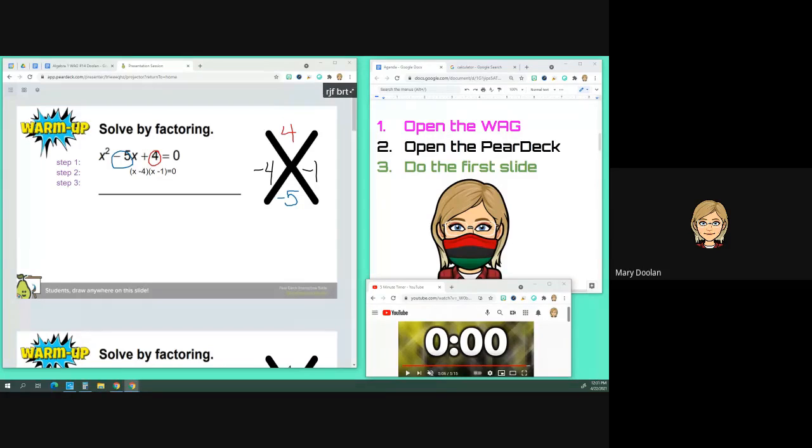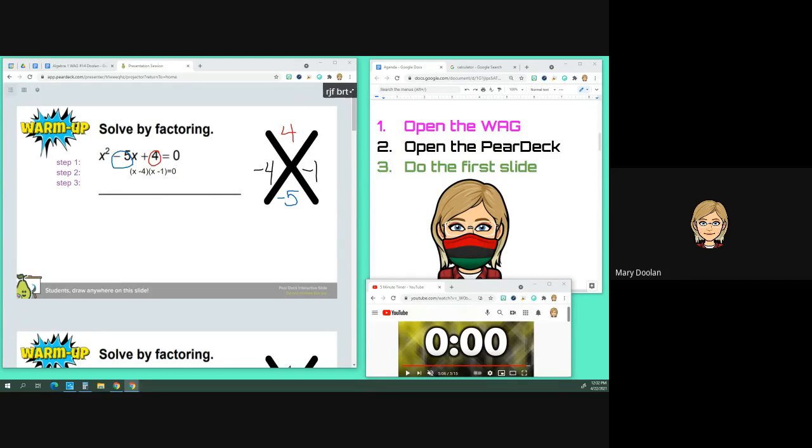So we're using the zero product property that if you multiply two numbers together and your product is 0, one of those numbers has to be 0. So that means either x -4 is 0 or x -1 is 0.